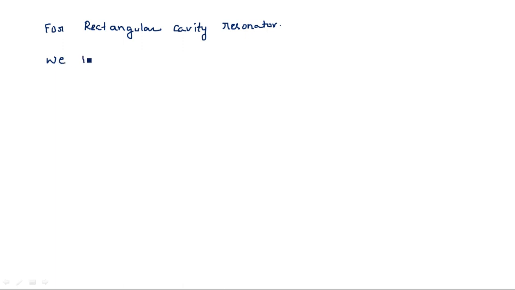So we know h square is equal to gamma square plus omega square mu epsilon. This is valid for both rectangular waveguide and circular waveguide.